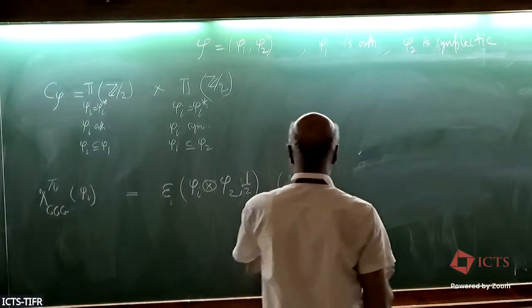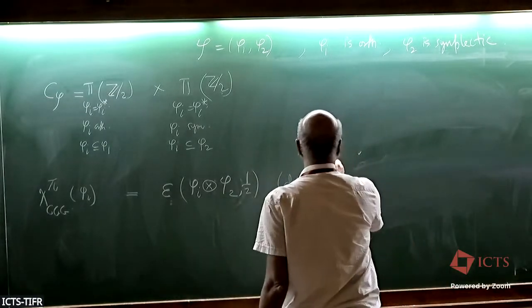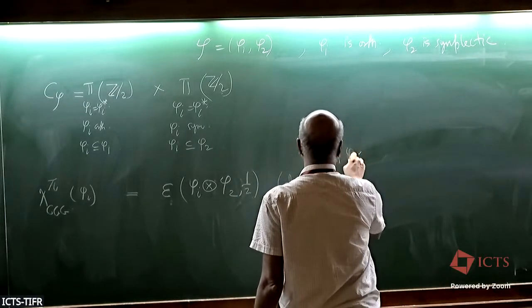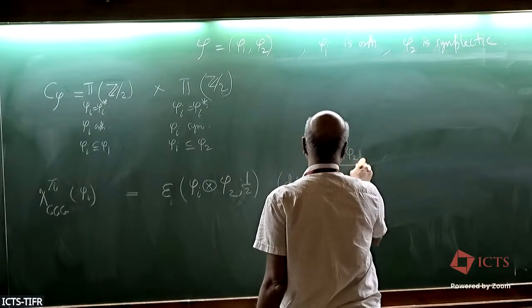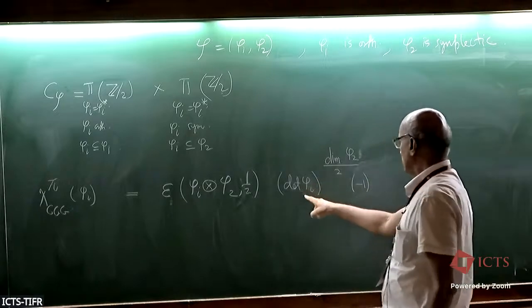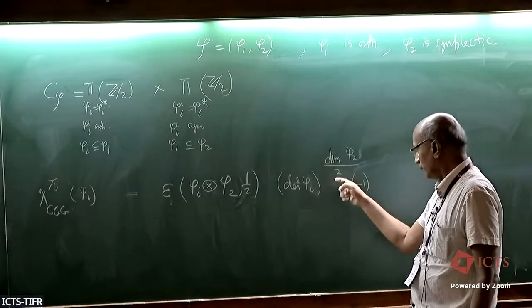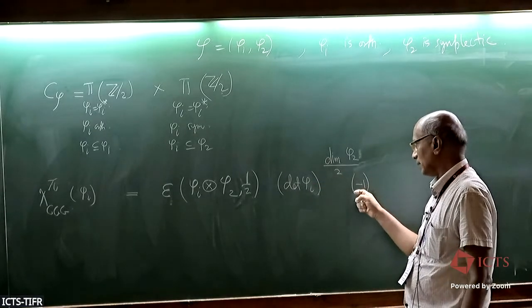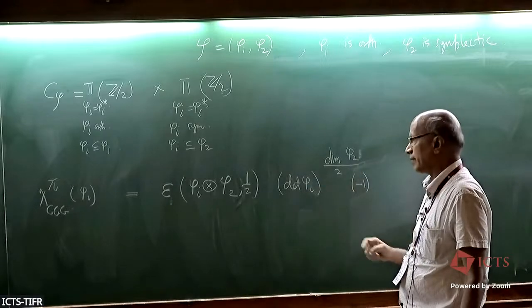And phi 2 is a symplectic one. So it is a dimension of phi 2 by 2 evaluated at minus 1. So determinant phi I is a character of F star, and this element is an element in F star, so you can evaluate, and that's the recipe.